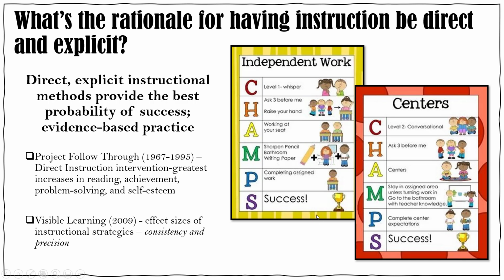The teacher will know that they're participating in their independent work if they've completed their assigned work. And in the centers, it's completed the center expectations. And then S equals success. So if they've done all of these, they should be successful at their independent work or successful at the centers. So it provides that really direct, explicit instruction. It tells the students exactly what you expect from them for your activities or centers or anything like that.